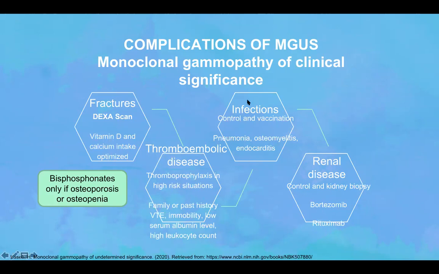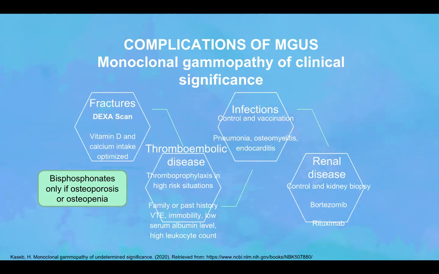As I told you before, when these patients have low gamma globulin, they're going to be more susceptible to infections. So we are going to have more medical controls with these patients, and also vaccination. One of the most frequent diseases that we can find in these patients are pneumonia, osteomyelitis, and endocarditis.